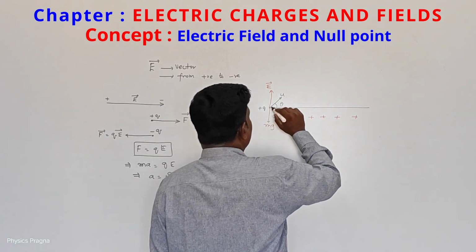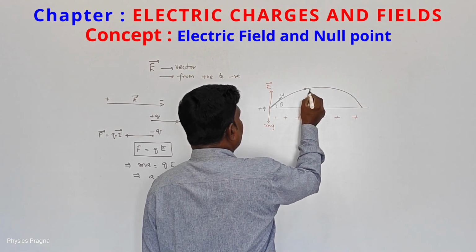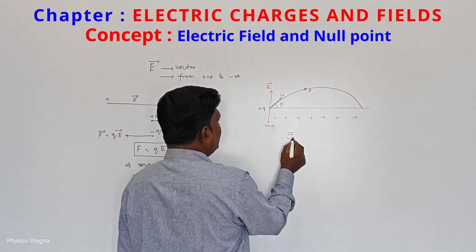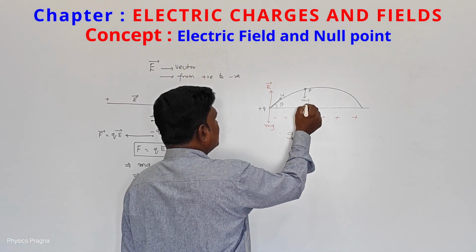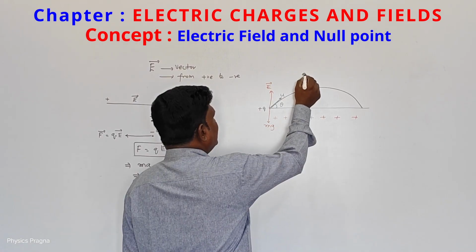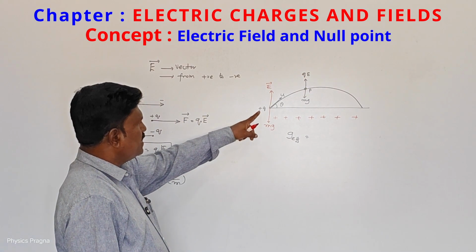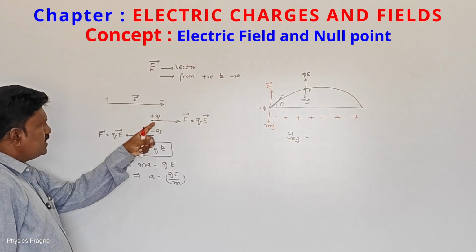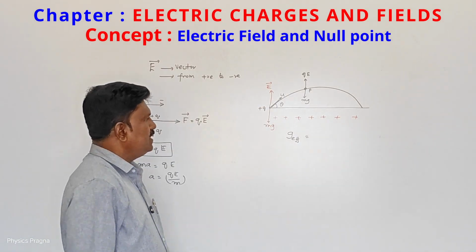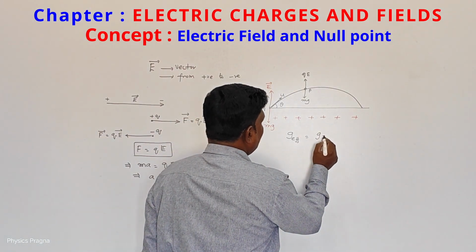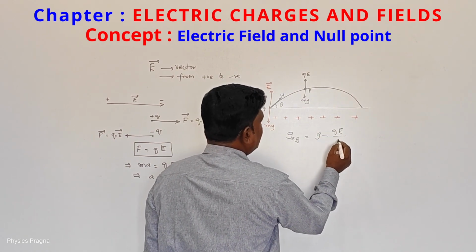So when it is projected into air, at some point P, the g effective is equal to, see, mg is downwards and QE is upwards. This is the force exerted by the electric field on the positive charge. Always, for a positive charge, this electric field applies the force in the same direction of electric field. That's why g effective is g minus QE by m.